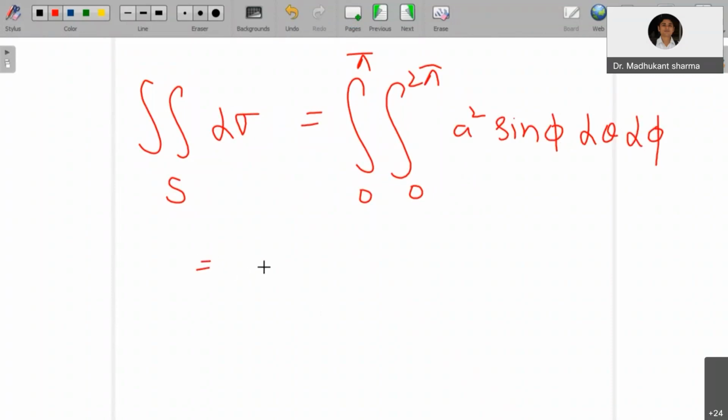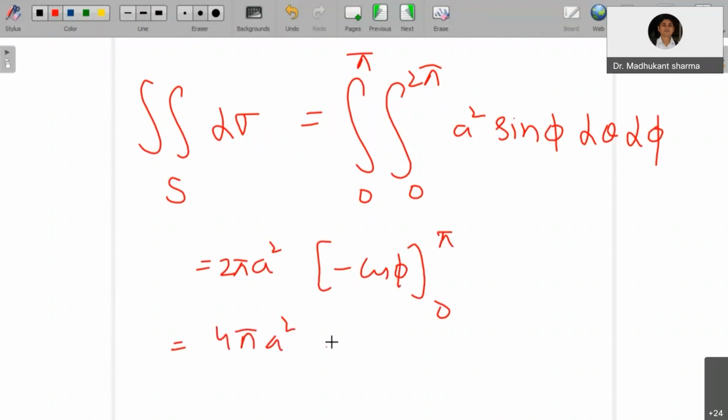Now you can find out, integrating d theta gives 2 pi a square, and the integration of sine phi is minus cos phi from 0 to pi, which gives 2. Upper limit minus lower limit, so it's going to be 4 pi a square. So this is the surface area of the sphere of radius a.